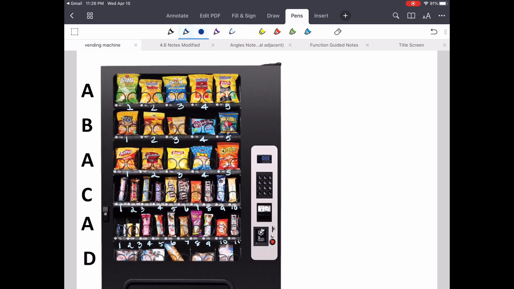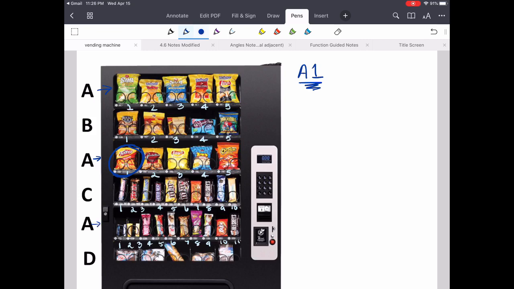Let's say you wanted to buy this bag of Fritos right here, and you push the button A1. Well, if you're the coder for this machine, you did a pretty terrible job because you assigned several rows the A value. So there's an A value there, there's an A value here.